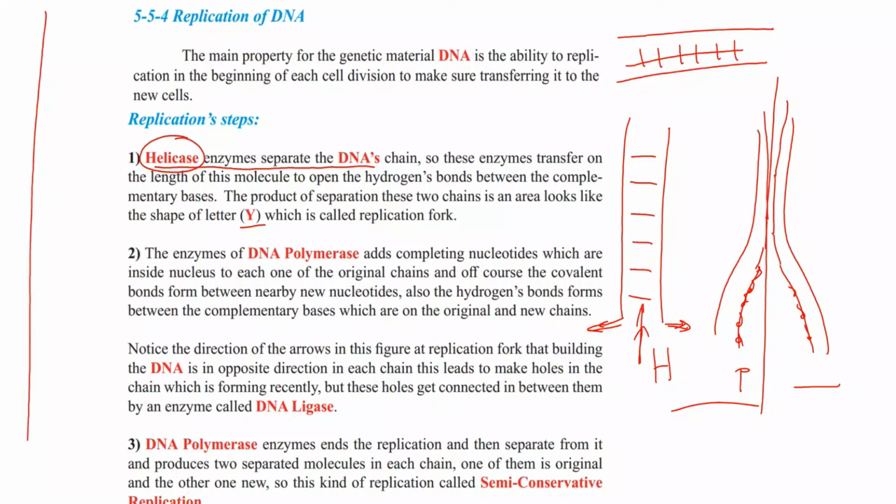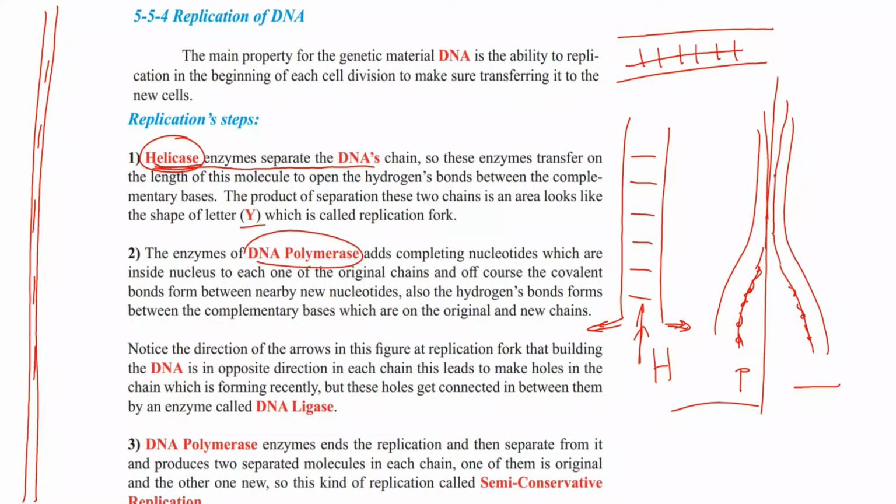The genetic material DNA in a nucleus or chromatin network is too long, about 46 chromosomes in humans. It's about 2 meters long. So not only one helicase enzyme breaks it down, but many points do. And from each point, helicase enzyme is followed by polymerase enzyme to build new DNA.